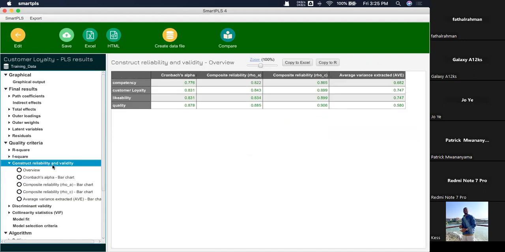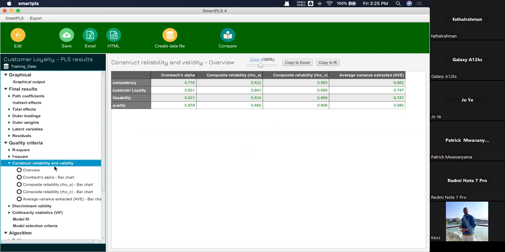Now we go back to our construct reliability and validity table. Are we there? Check your composite reliability and your average variance extracted. What do you notice? Is there any change?